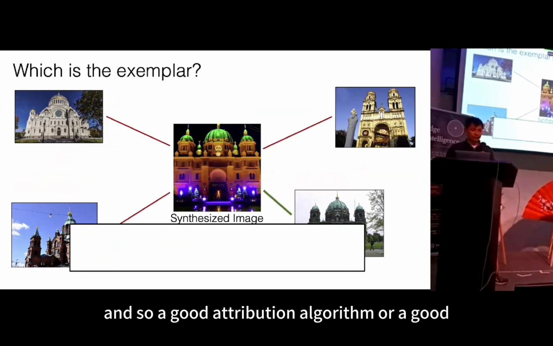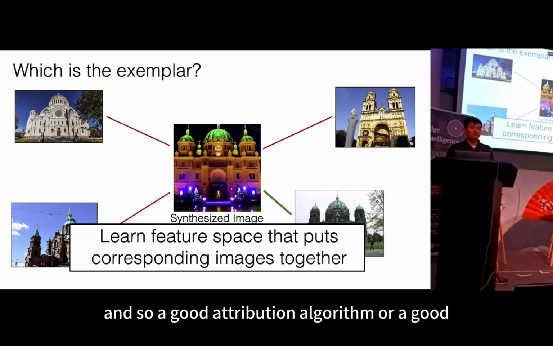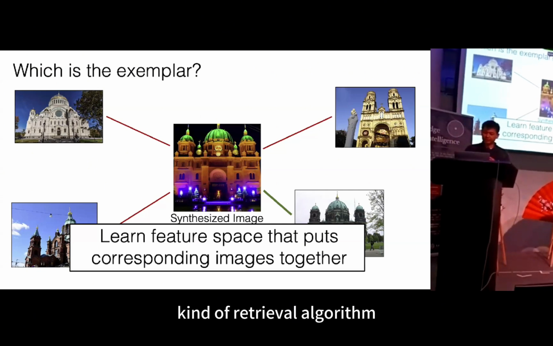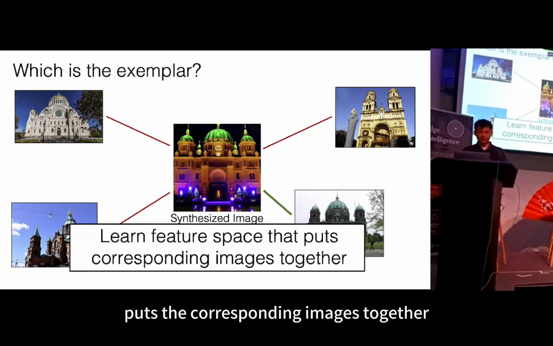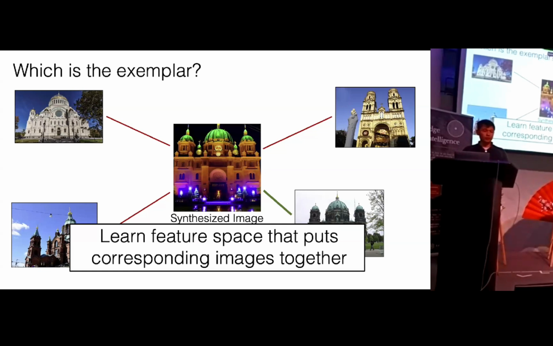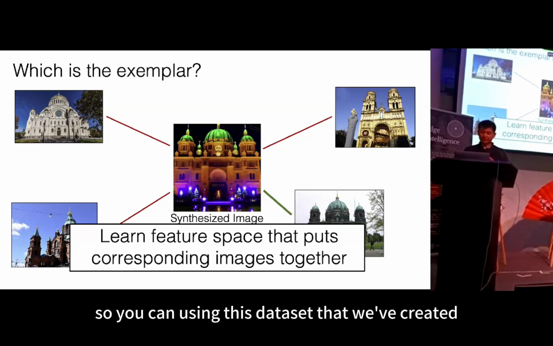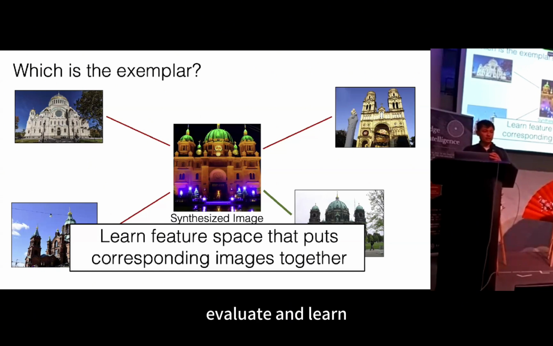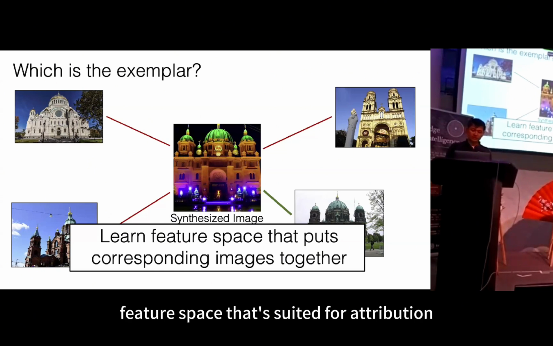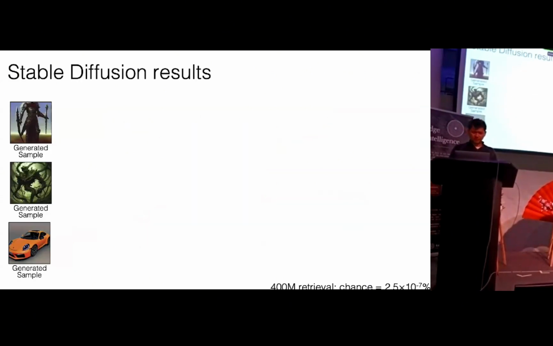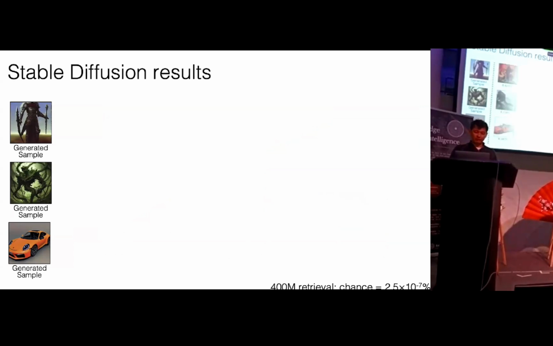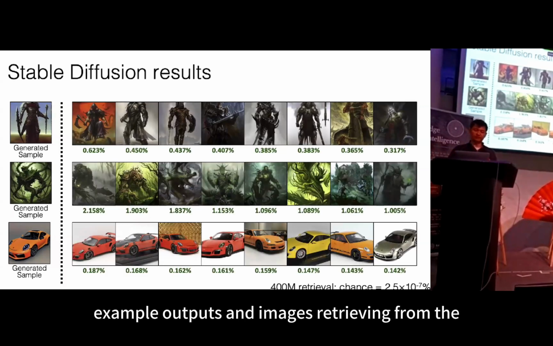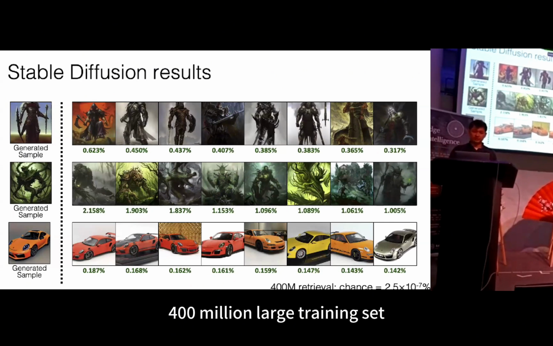And so a good attribution algorithm, or a good kind of retrieval algorithm, if you're using that for attribution, would have a feature space that puts the corresponding images together. So using this data set that we've created, you can evaluate and learn an attribution feature space that's suited for attribution. And we can then run that on the base model. So here are some example outputs and images we're retrieving from the 400 million image training set.